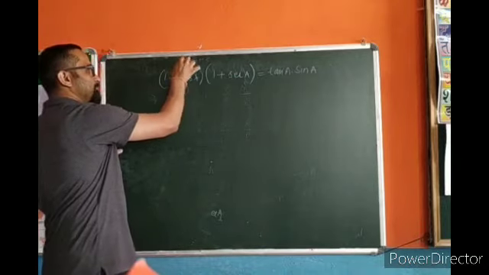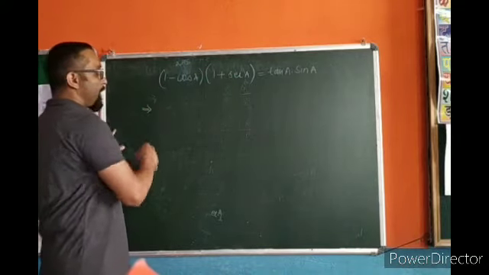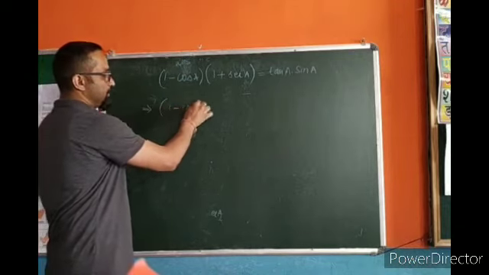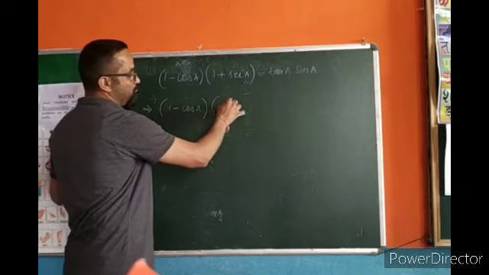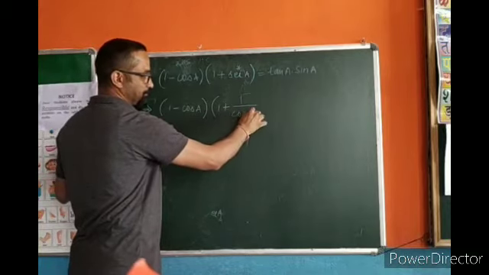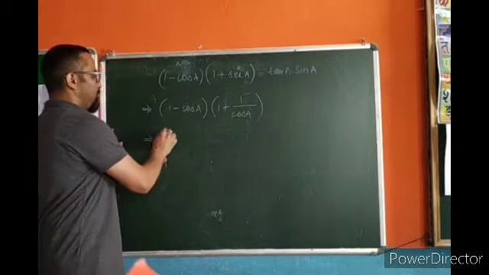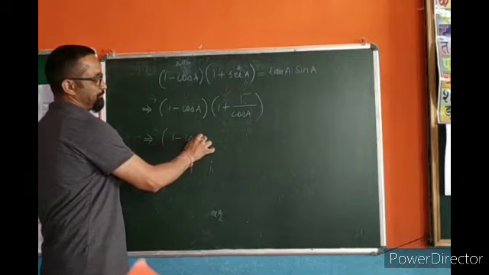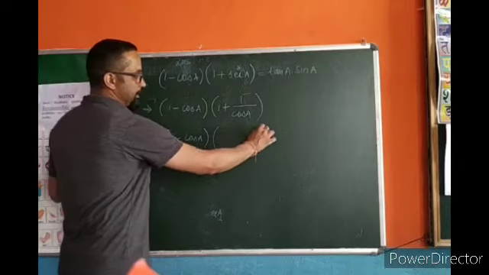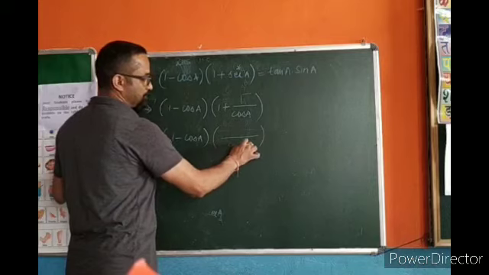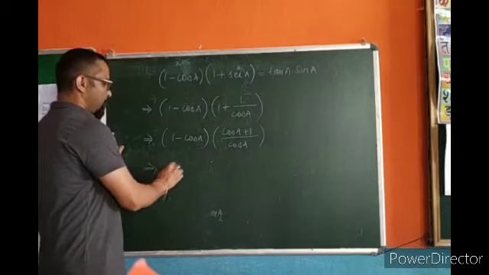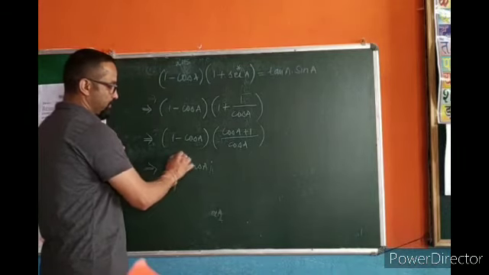Copy the left hand side. 1 minus cos A is written as it is. 1 plus, change this, 1 upon cos A. Take LCM, cos A. You get cos A plus 1, and 1 minus cos A at the numerator.